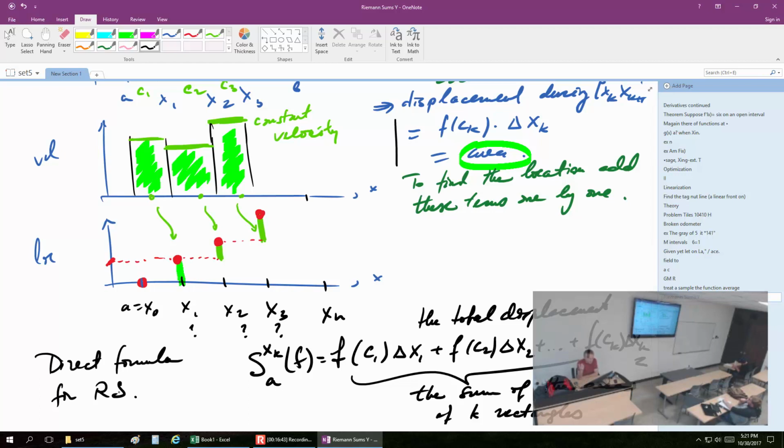Computing your location looks a little bit long, but let's do it once with Excel so that we can appreciate what it does for us.